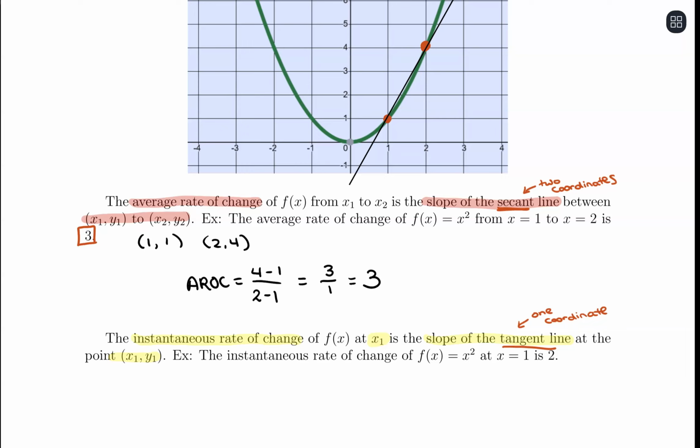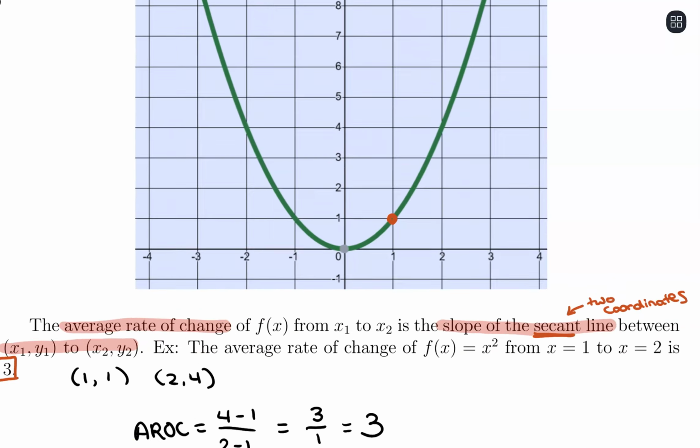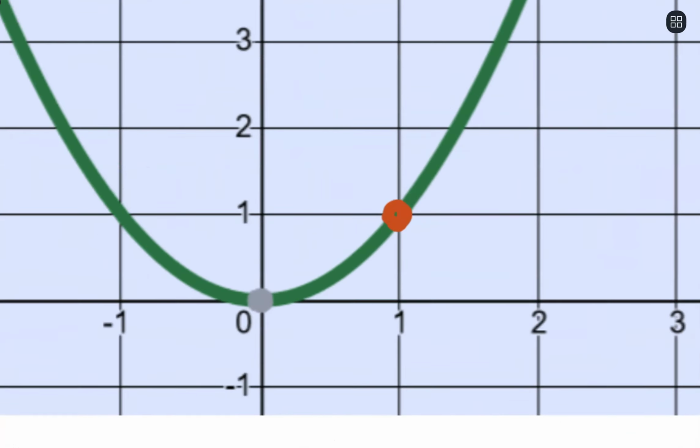What we're going to do is go back to the function x squared and focus on what's happening at x = 1. Let me delete my secant line, but I'll still have my coordinate at (1, 1). This idea of what's happening instantaneously is a very zoomed-in idea, and I'm going to take that very literally. I have my whole parabola, but I want to focus on what's happening at (1, 1).